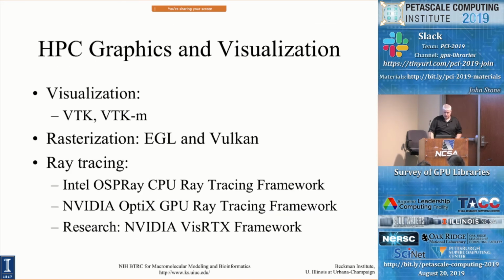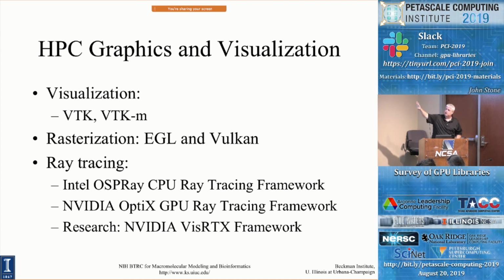And there are also libraries for things like HPC graphics and visualization, so tools like VTK. So VTK is both a standalone tool, but you can use it as a library. There are multi-core versions of it. Things for graphics like EGL and Vulkan work just as well on a supercomputer as they do on a desktop machine.